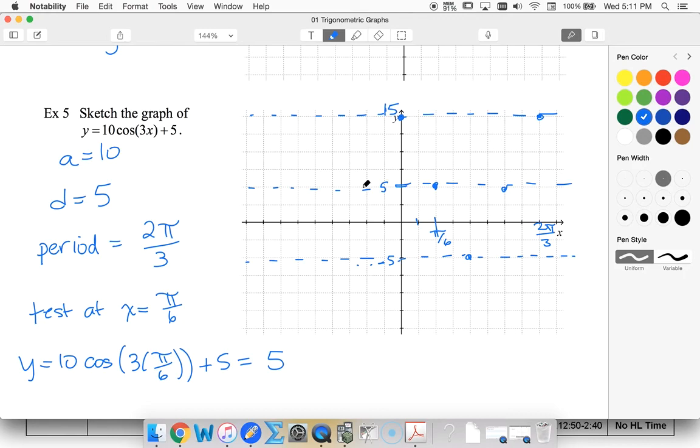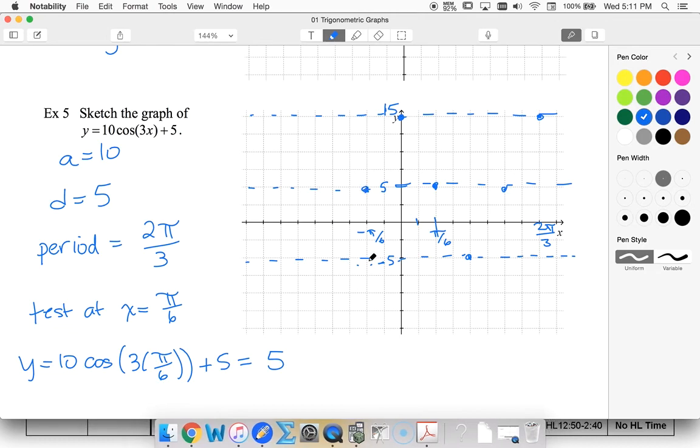So that means coming back this way, I would be back again at 5 at negative pi over 6, and I complete another full cycle at negative 2 pi over 3. Okay. Again, trying to make as smooth of a curve as you can.